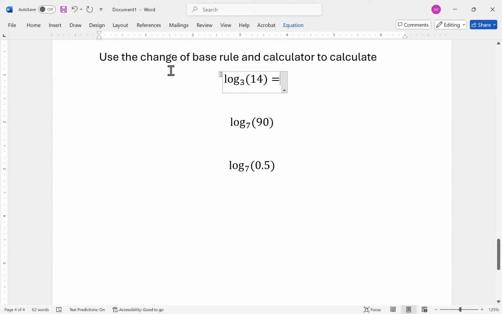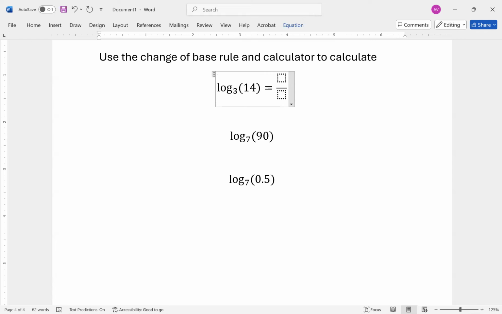So if I want to use the change of base rule and the calculator to do this, my calculator has both log base 10 and the natural log. It turns out I can use either of those. I can use log base 10 of 14, and then divide that by log base 10 of 3.